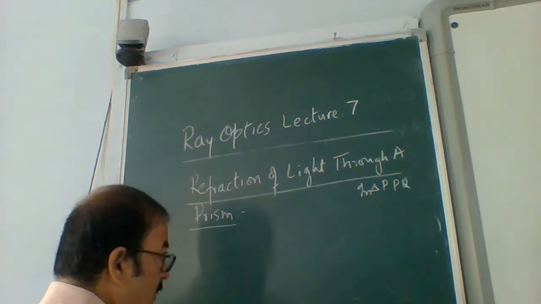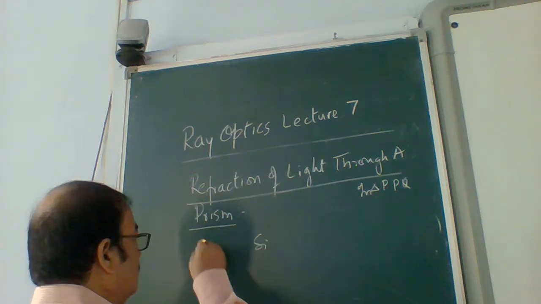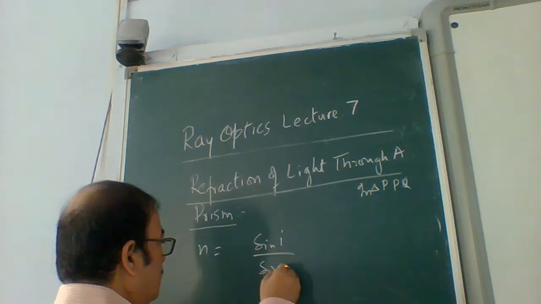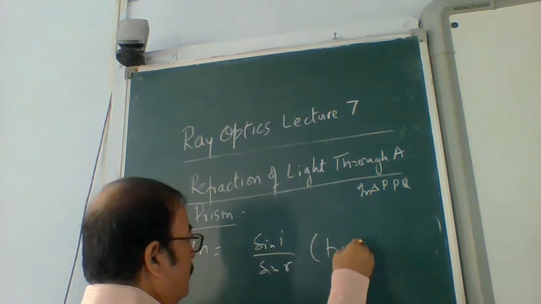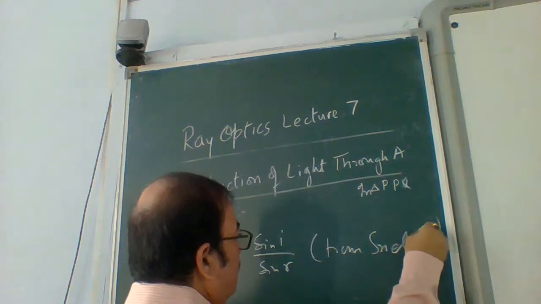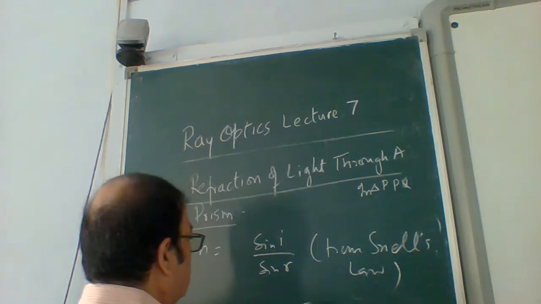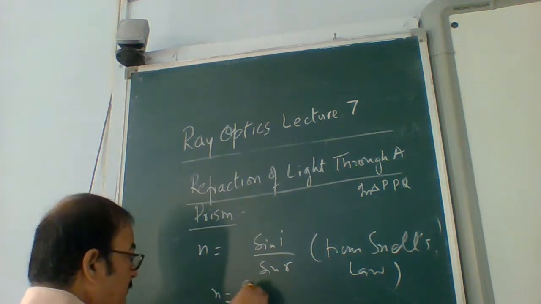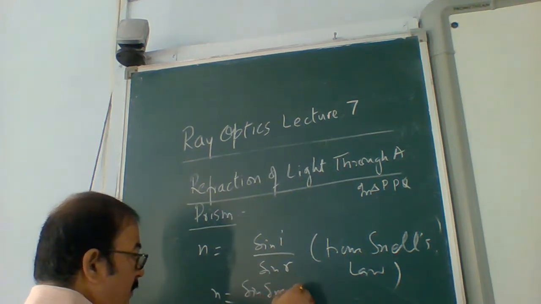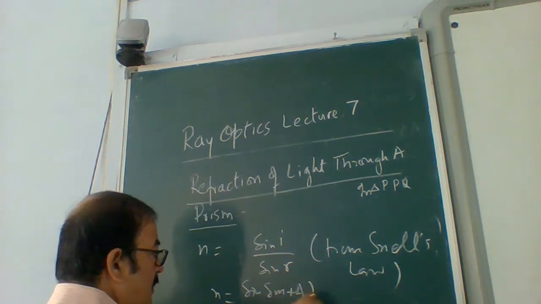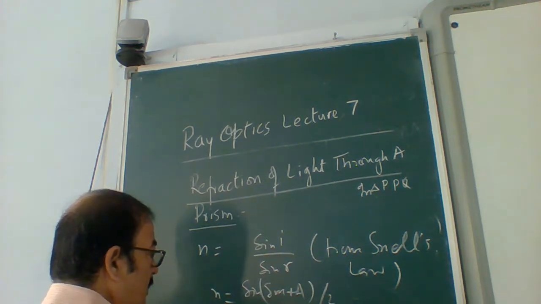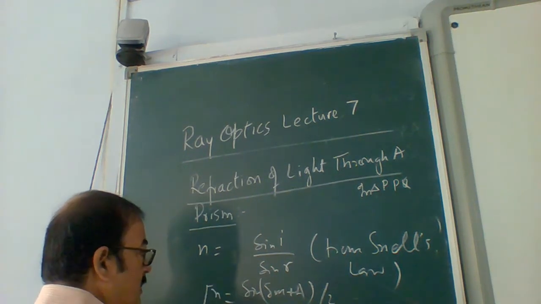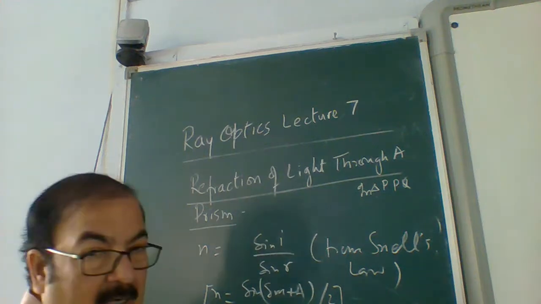What we need: n equal to sin I upon sin R from Snell's law. And n equal to sin of (delta m plus A) divided by 2, and for R, sin A by 2. This is the direct formula for refraction through a prism.